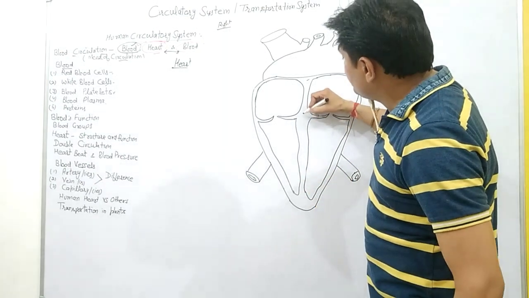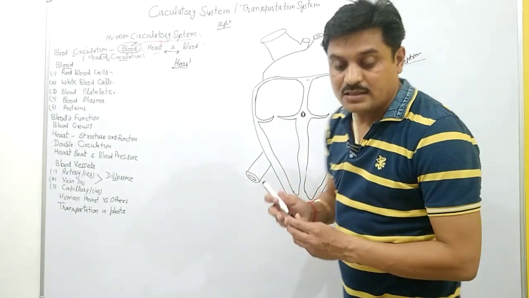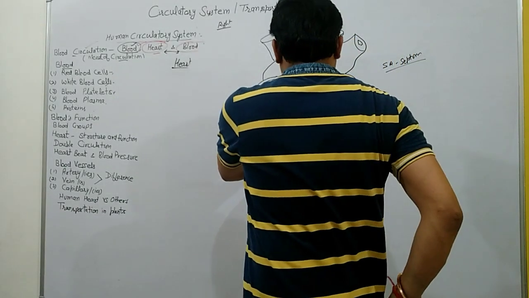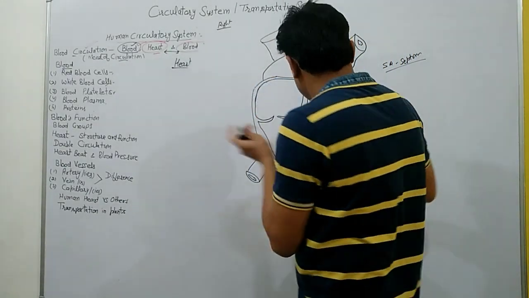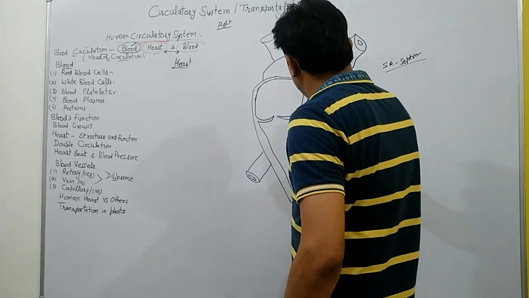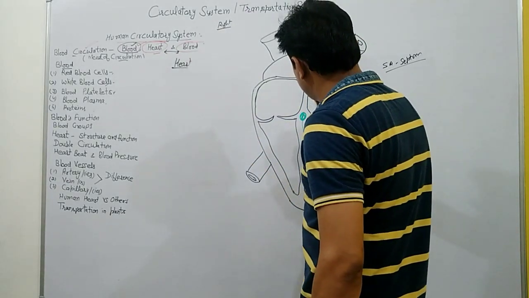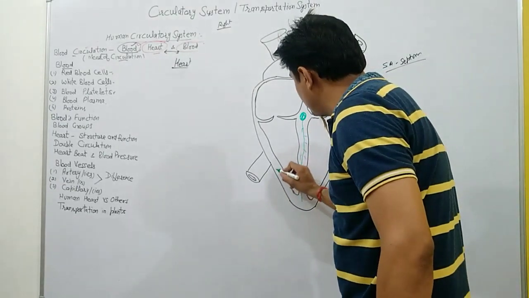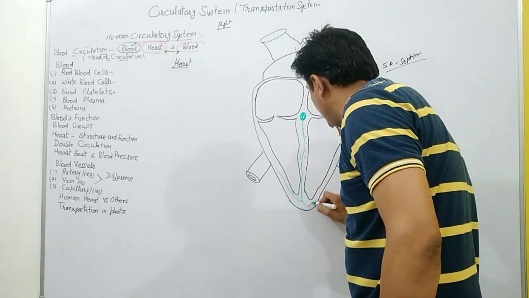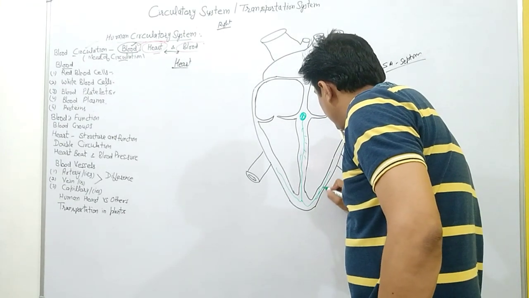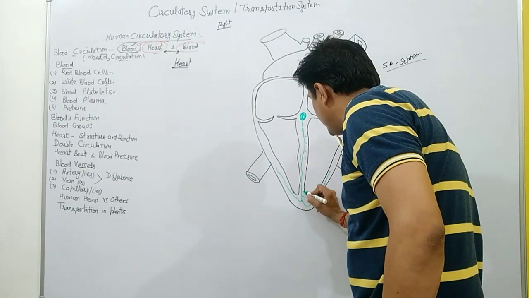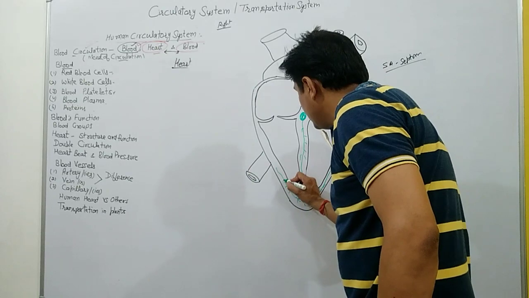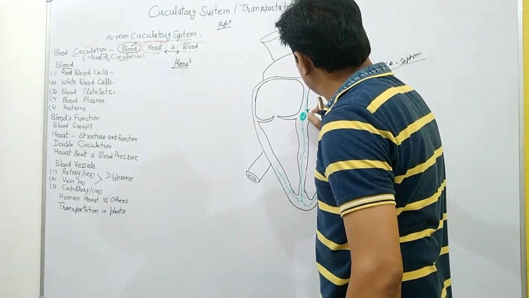In this septum there is another structure called the SA node. From this SA node, very fine branches run all over the muscles of the human heart, that is, in the cardiac muscle.